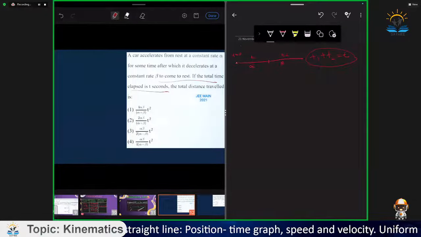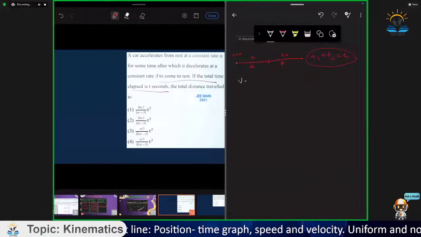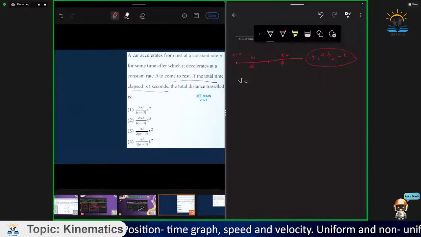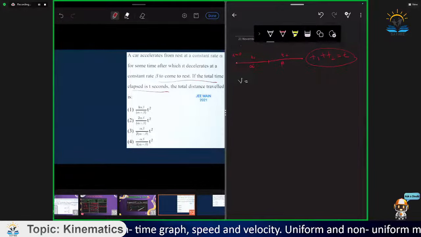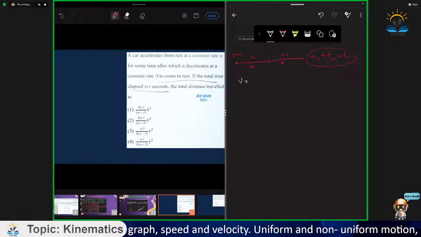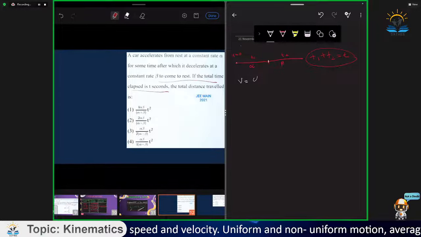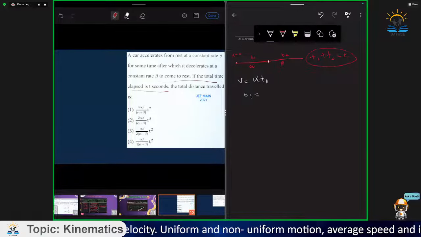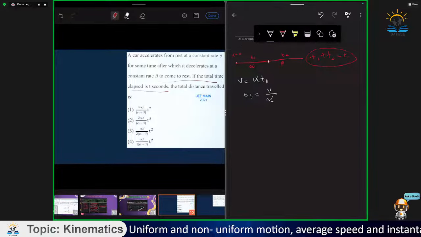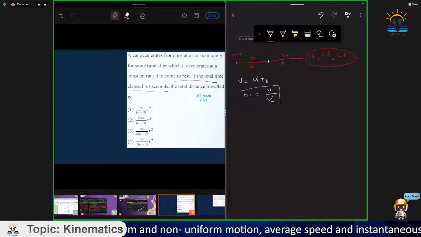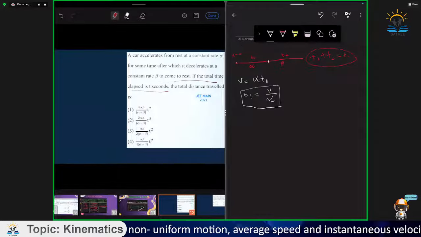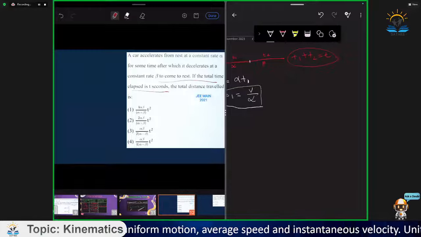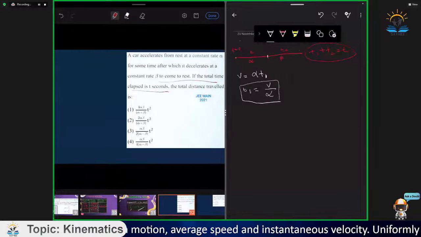So v equal to u plus at. We know that equation. Here u is 0, so the velocity here will be v equal to alpha t1. Easy. So t1 will be v by alpha. Then from here to here, the equation will be v equal to u plus at.